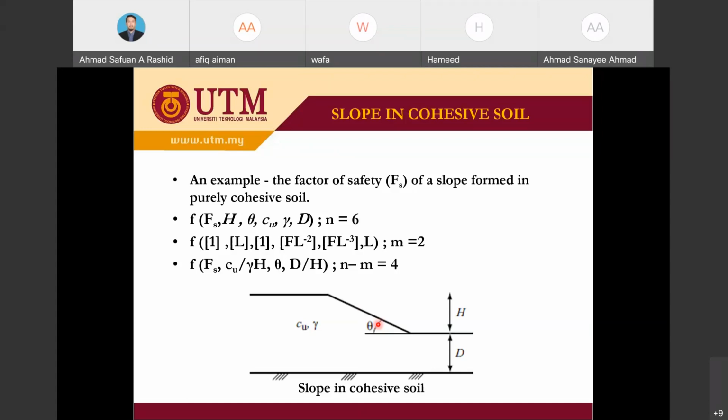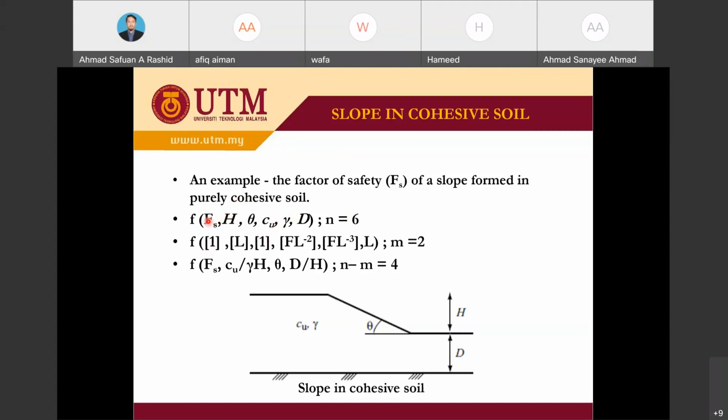Usually, for any slope stability analysis, we determine the factor of safety value. This factor of safety value is considered as part of the n number. So after we list all the parameters here, we need to count how many n values for this example.